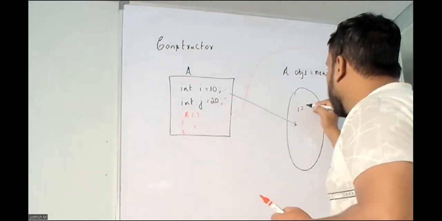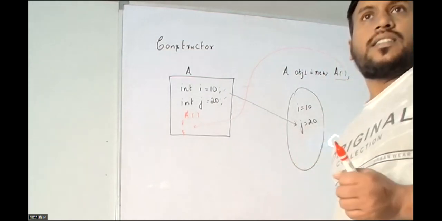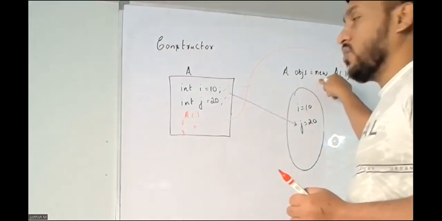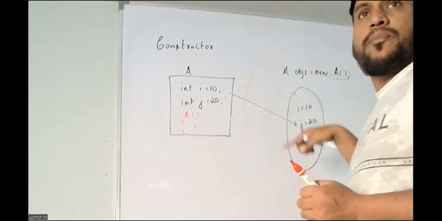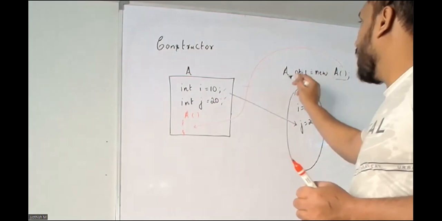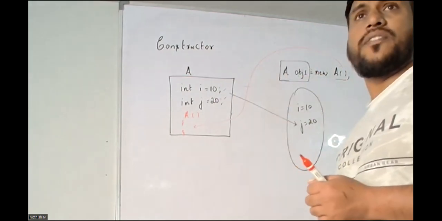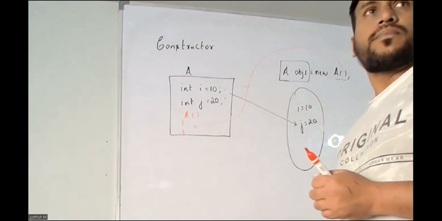So now in the object, I and j are loaded. That will be stored in a reference variable.